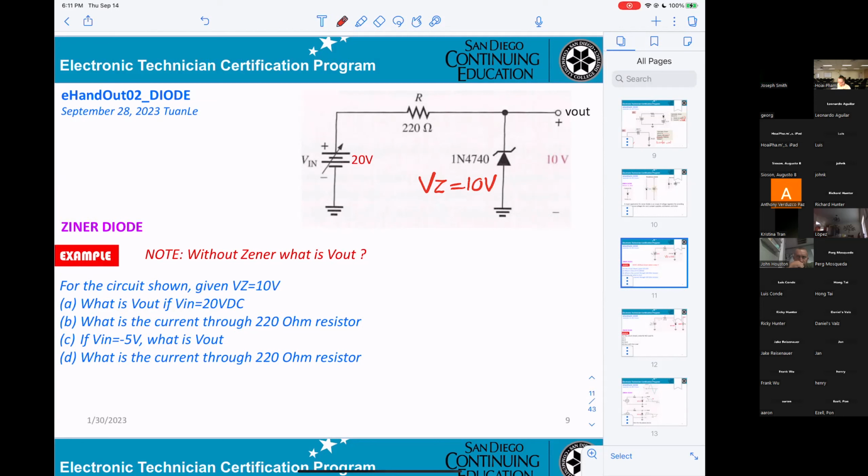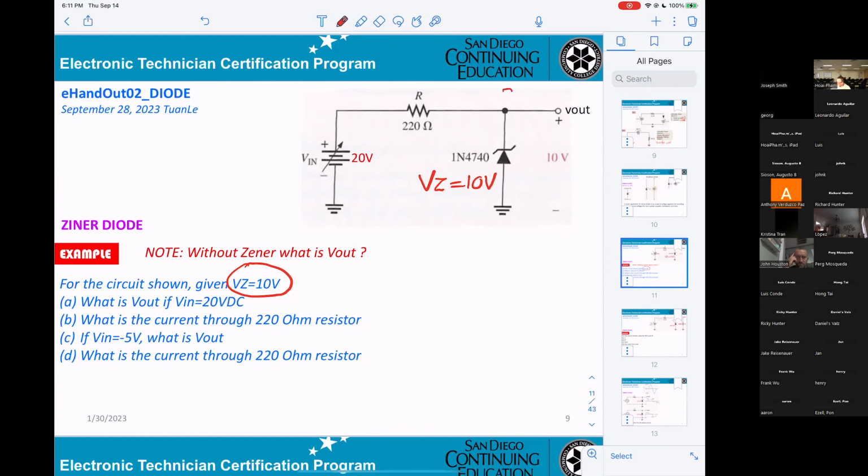That's what they give you here. Okay, now the first thing you have to do is find the voltage at this point, without the Zener. That means we don't consider the Zener here. What is the voltage up there at V out?